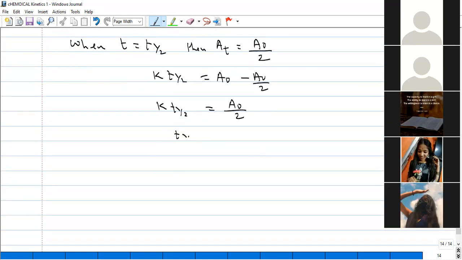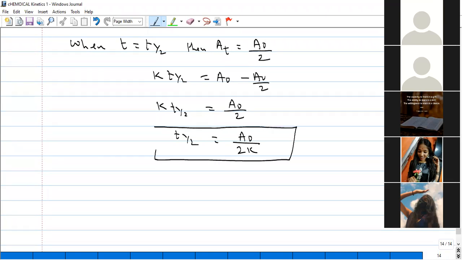So t half is equal to A0 upon 2K. This is the half-life period expression for zero order reaction.